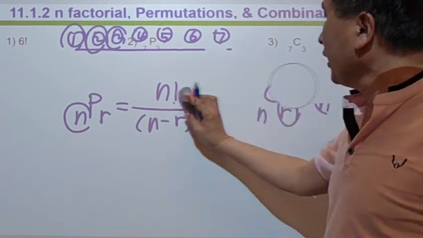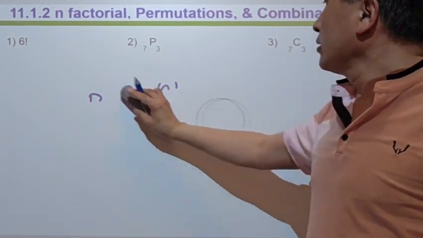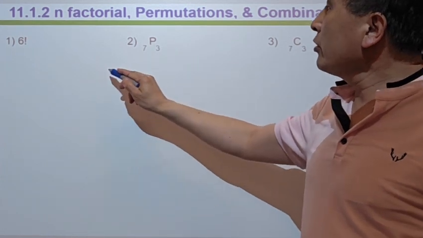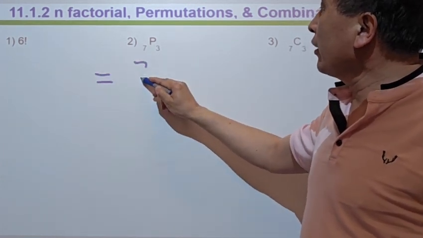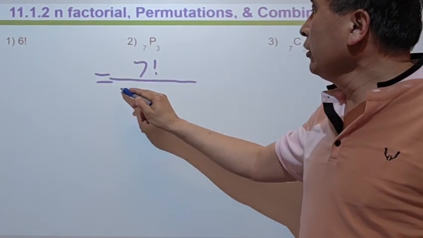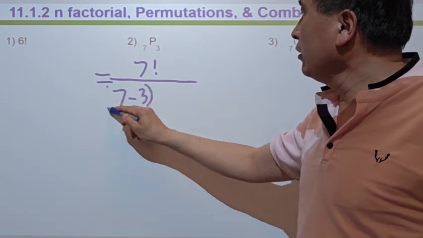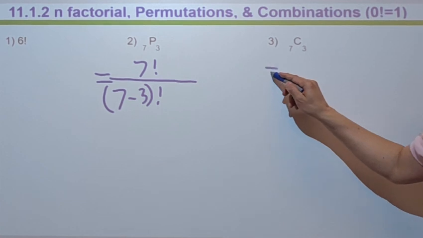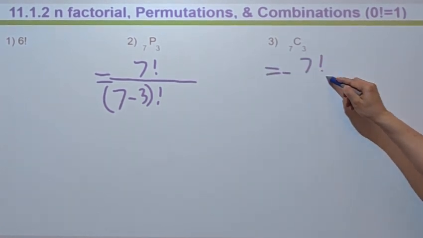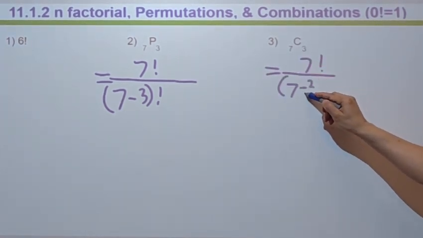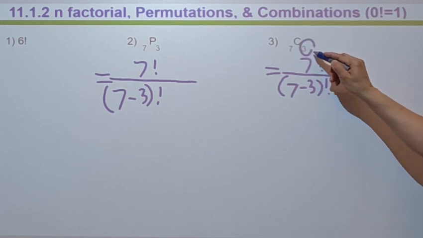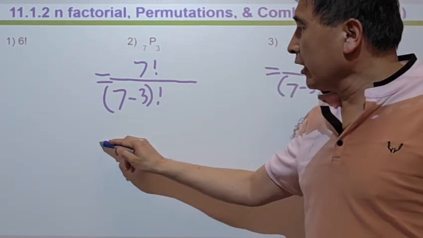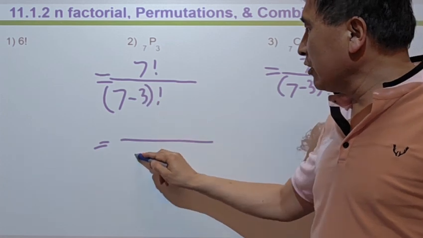So let's practice. Permutation 7, 3. That means 7 factorial on top, and here 7 minus 3 factorial. This is the permutation as it is, right? The combination is 7 factorial over 7 minus 3 factorial, and we divide by 3 factorial one more time at the bottom. 7 minus 3 is 4 factorial.